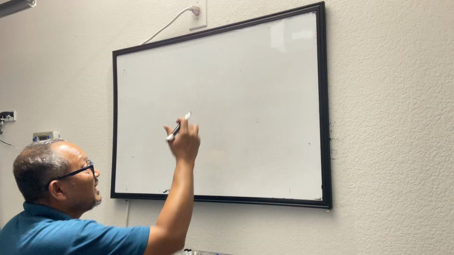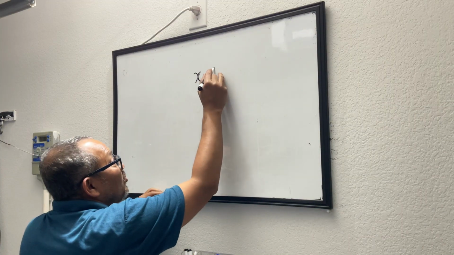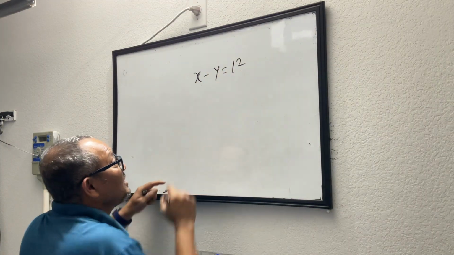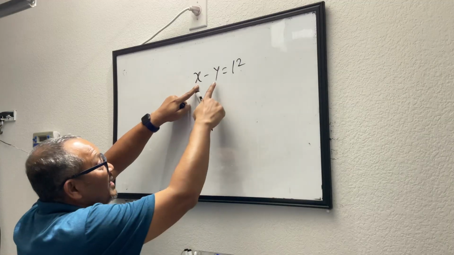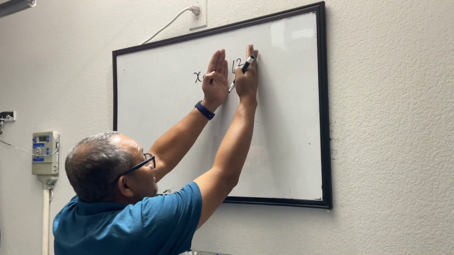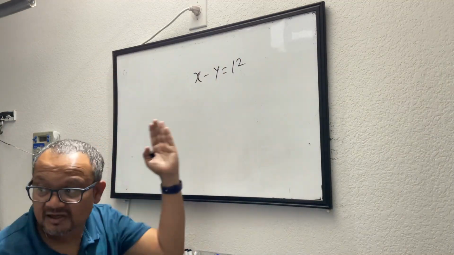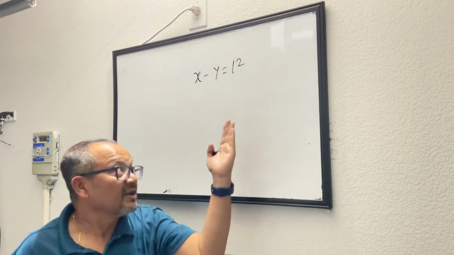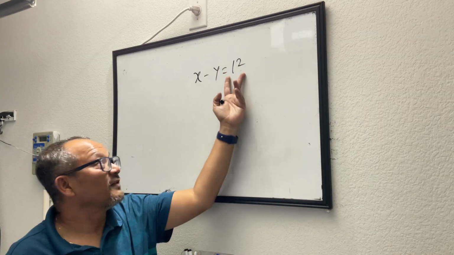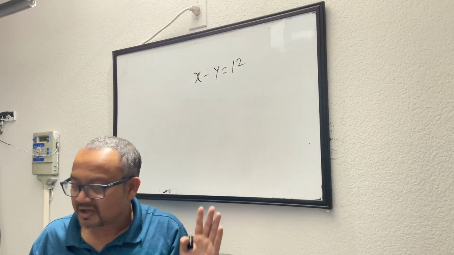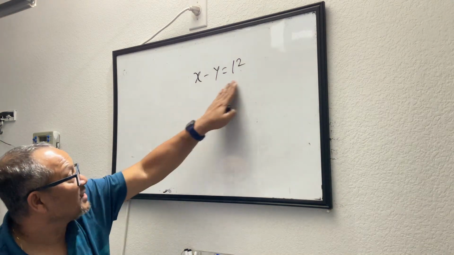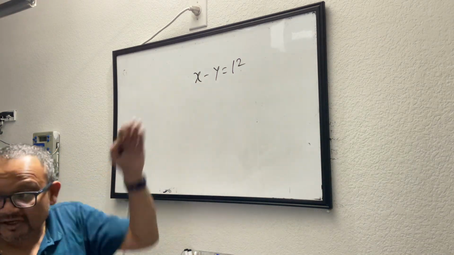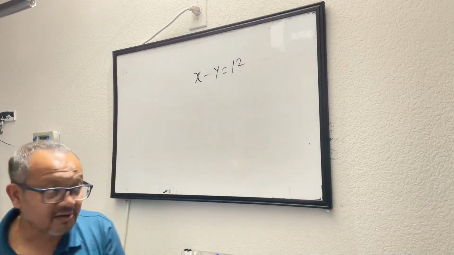So if I have x minus y equal to 12, that means x's value minus y's value will give me this as outcome. So if x is 50, y will adjust such a way that x minus y will be this much. And when you have one equation with two variables, we know that we will not get a point blank answer for this.